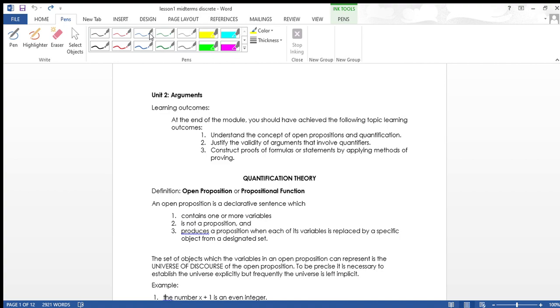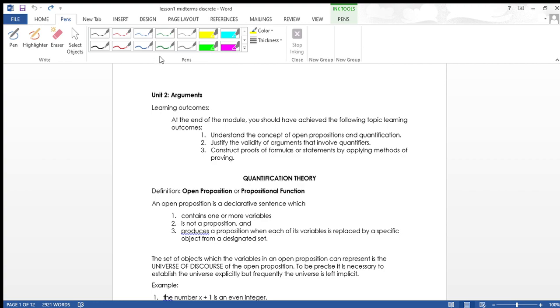Number two, justify the validity of arguments that involve quantifiers. It's an application of what we have learned in the prelims, checking the validity of arguments. And then the third one, construct proofs. Again, constructing proofs of formulas or statements by applying methods of proving. So there you go. We have our three learning outcomes.